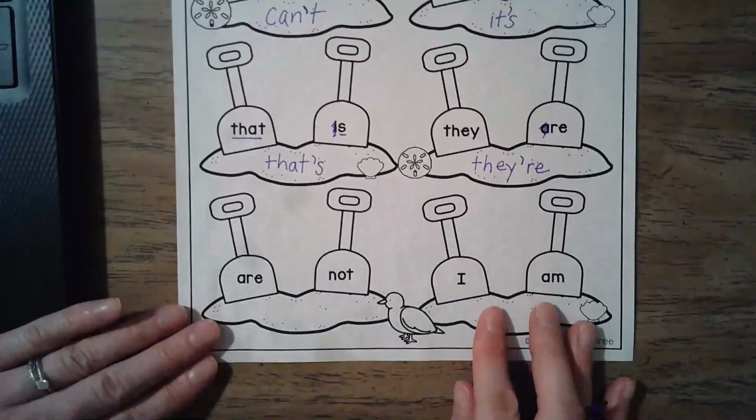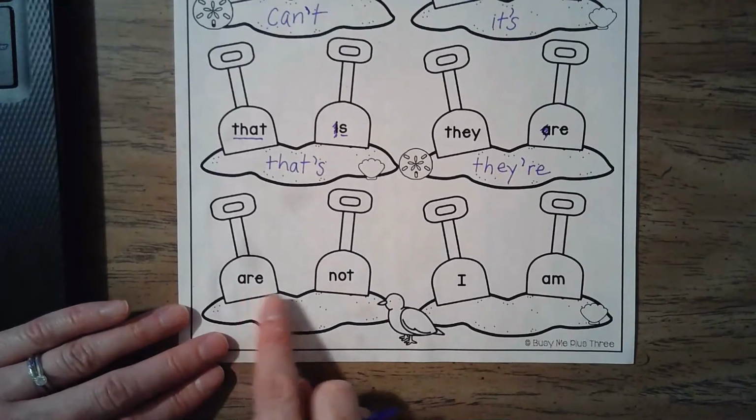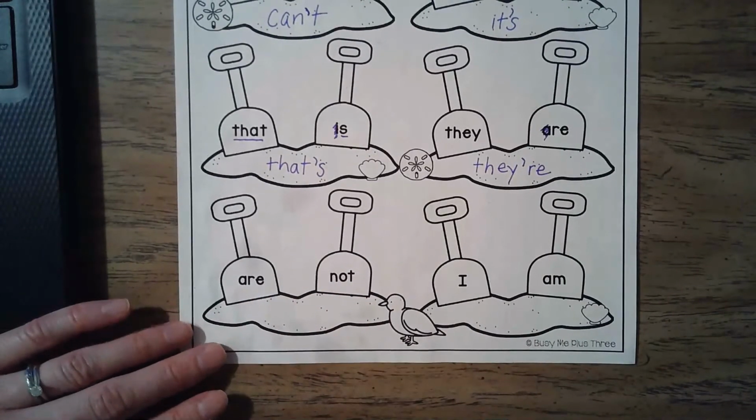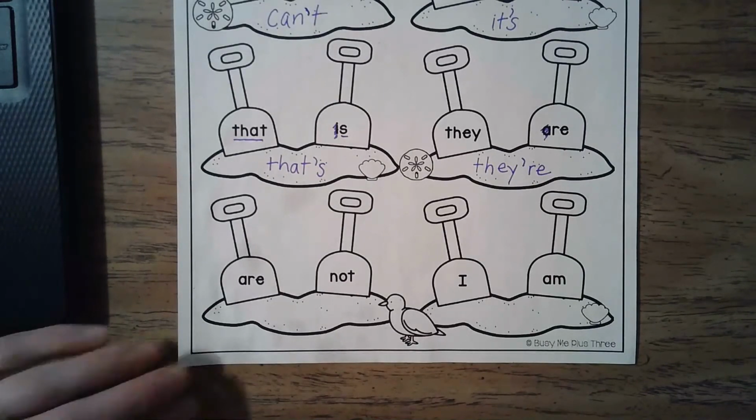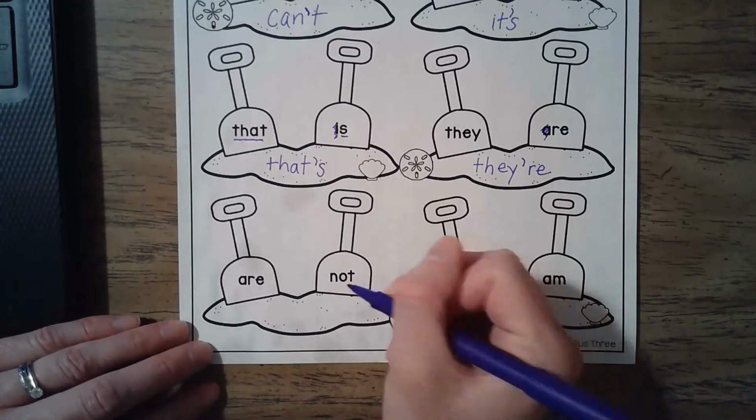Okay, two more down here. Are not. Let's put the words are not together to make a contraction. Let's use it in a sentence. The birds are not hungry. How could we say are not in a shorter way? A little shortcut. The birds aren't hungry. Aren't.